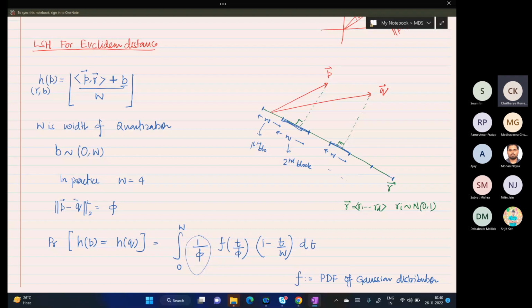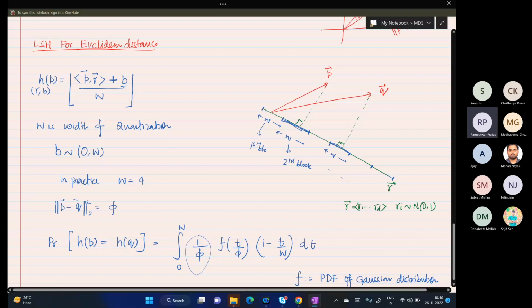It's in the denominator. Yes, sorry. Because it is inversely proportional to it.